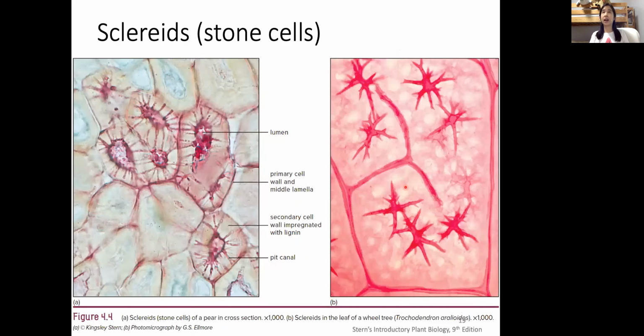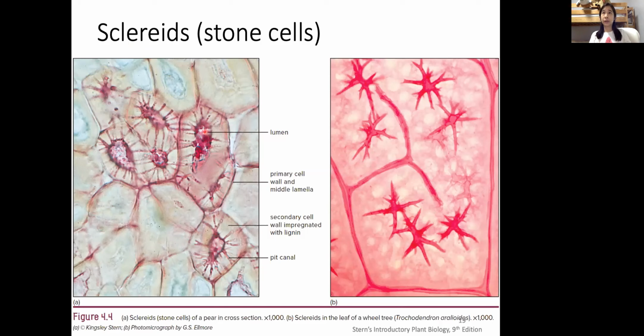All right. So this is another extreme example. Sclereid or sclerenchyma cells or stone cells. This one is from a pear fruit, and this one is from the leaf of some tree. These two types of cells are sclereids. They have a very thick secondary cell wall.